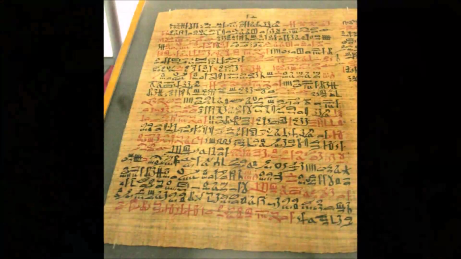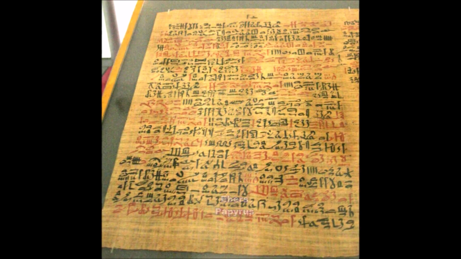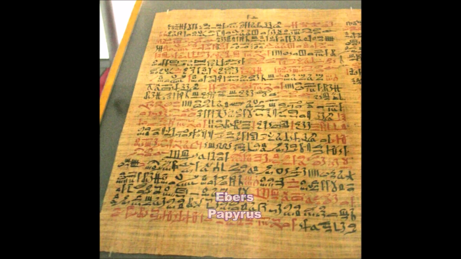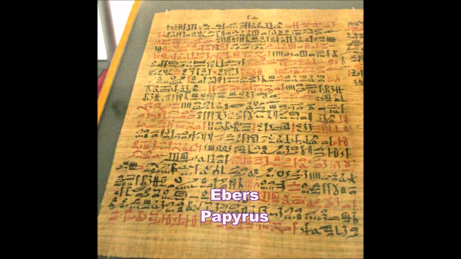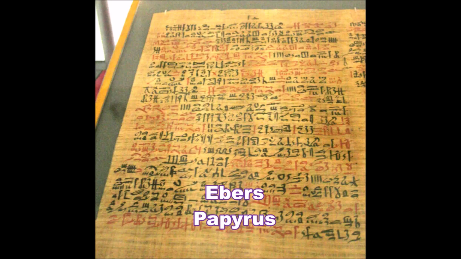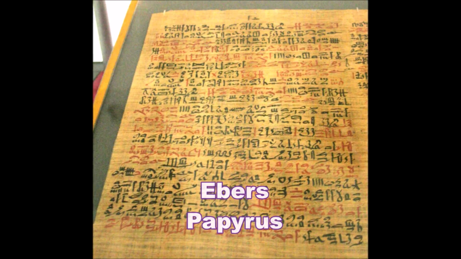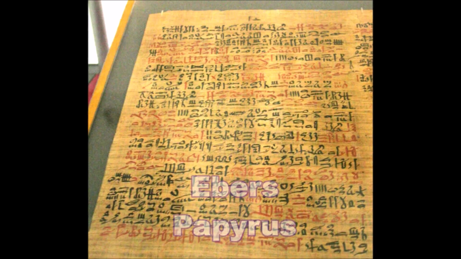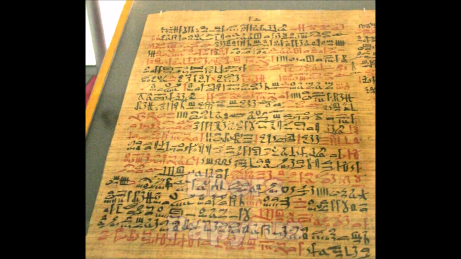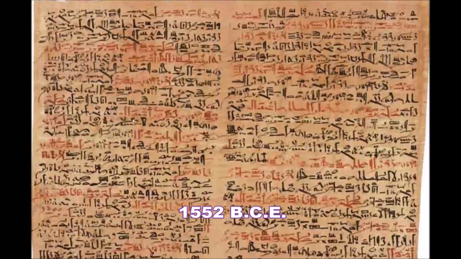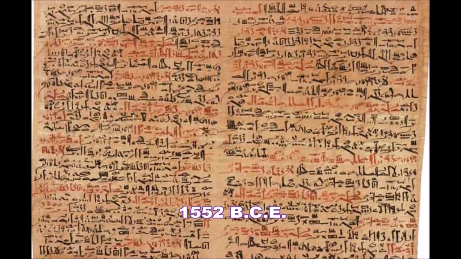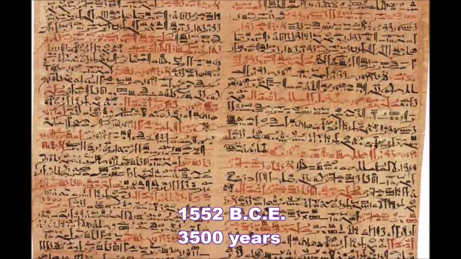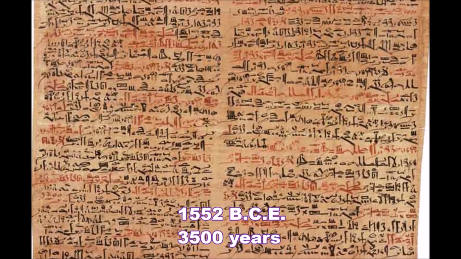How ancient? Well, without going into too much detail, and just to give you an idea, in my last video I briefly mentioned the Ebers Papyrus, the ancient Egyptian text containing information regarding hundreds of substances and their medicinal uses. Now, this document dates back to 1552 BCE, in other words, over 3,500 years.